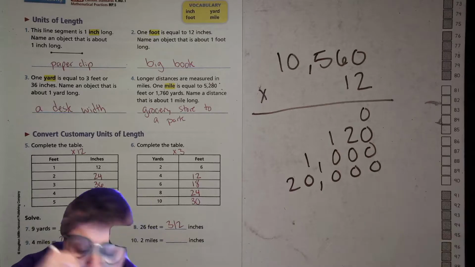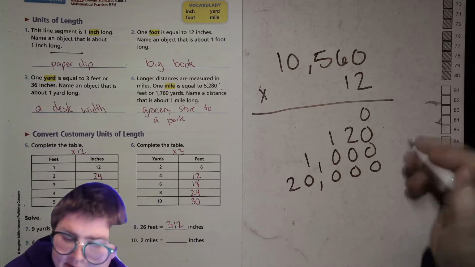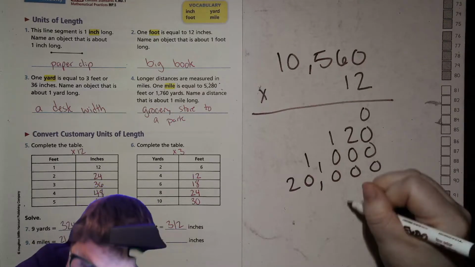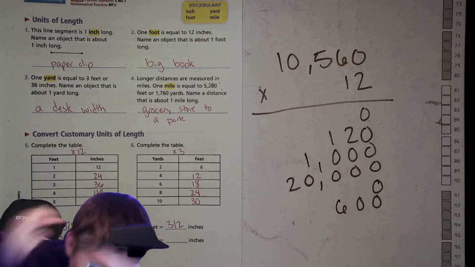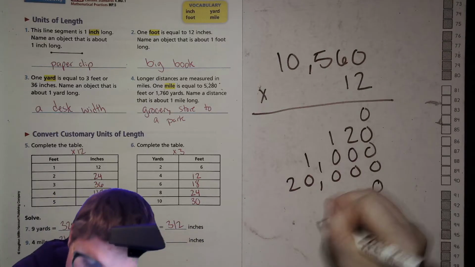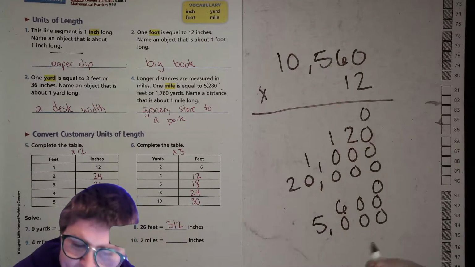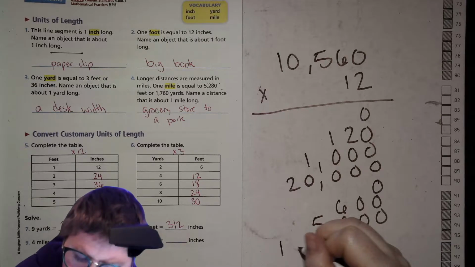And then 10 times 0 is 0. 10 times 60 is 600. 10 times 500 is 5,000. 10 times 10,000 is 100,000.